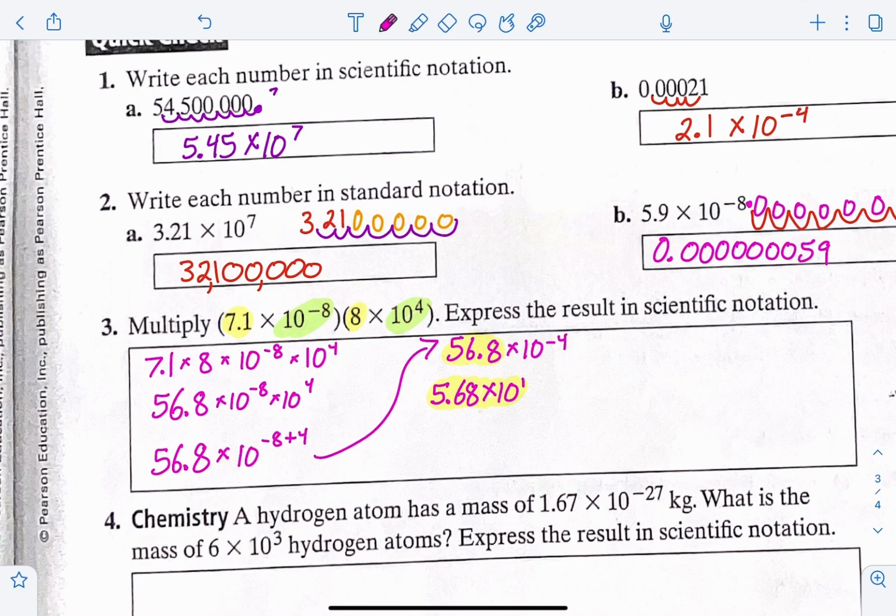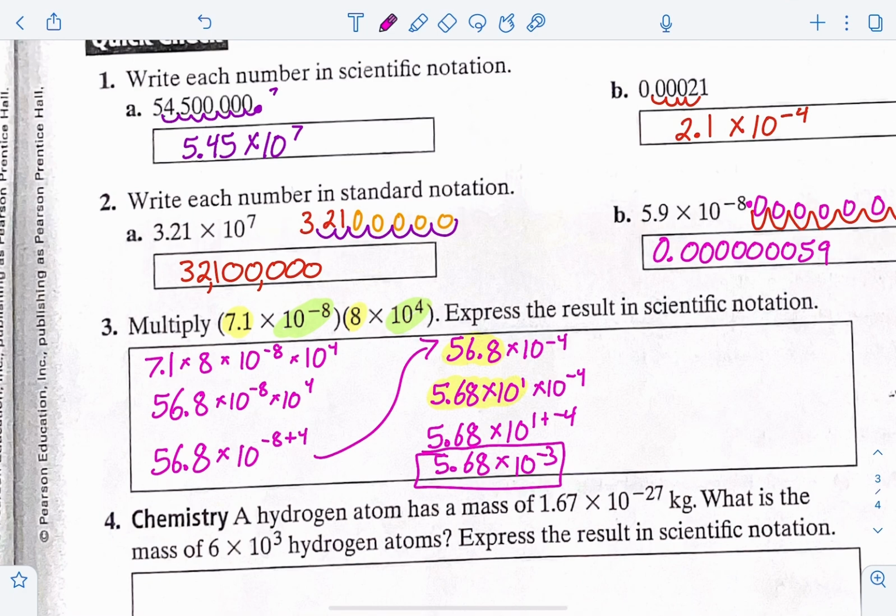And then I still have times 10 to the -4. And then I just add those again. So I have 5.68 times 10 to the 1 plus -4, which is really just 5.68 times 10 to the -3 as my final answer.